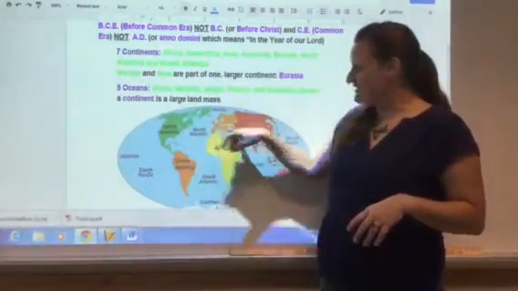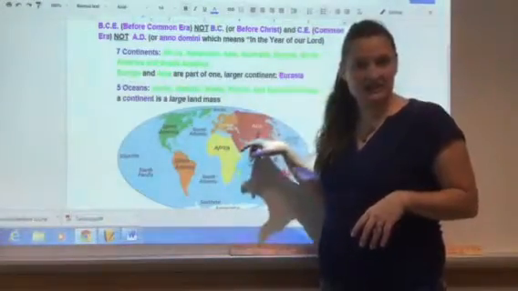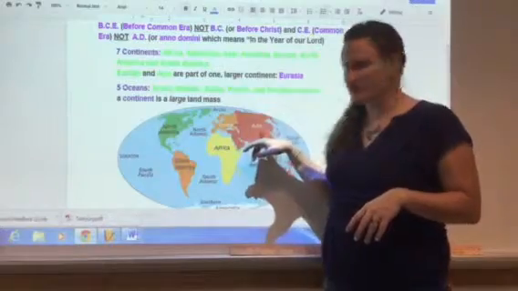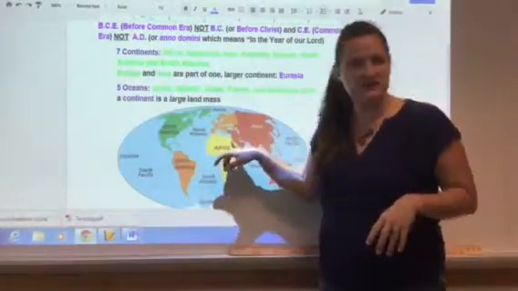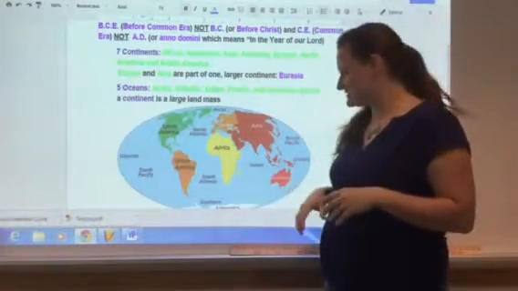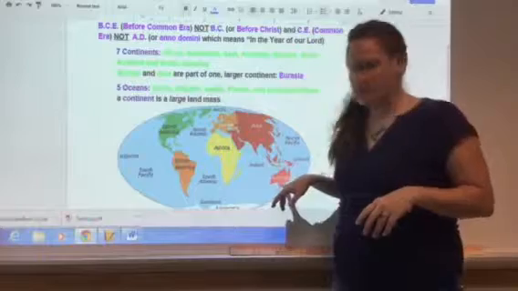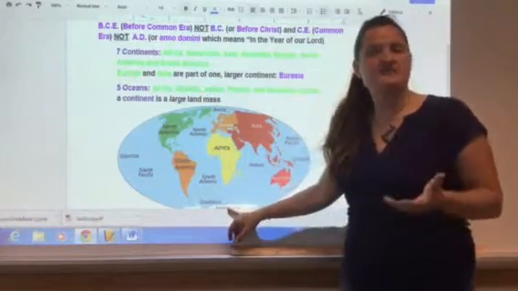And Africa, Europe, and Asia all connect. Europe and Asia clearly connect, so people often call that Eurasia. And then some people even call it Afro-Eurasia, because right by the Suez Canal, Africa connects to the Eurasian continent. And then you've got Australia way down there, and Antarctica at the southernmost part.